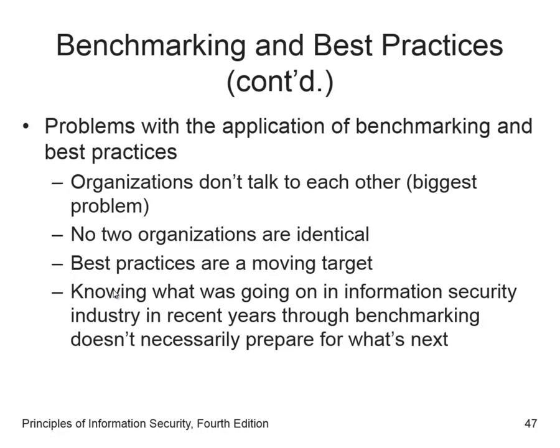The biggest problem with benchmarking in information security is that organizations do not talk to each other. They will not give you all the information needed, and they will not, of course, reveal their vulnerabilities or threats for you. Another problem with benchmarking is that no two organizations are identical.